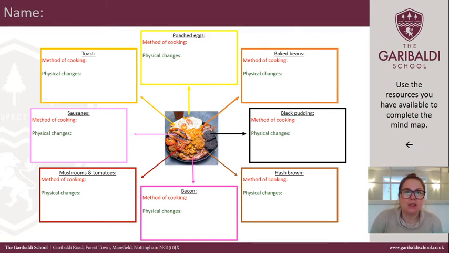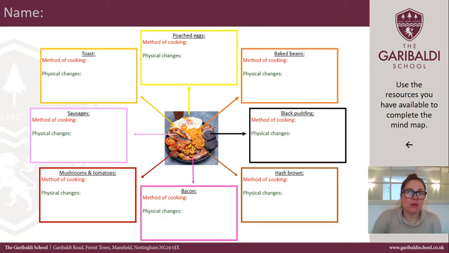So your main task for today is you're going to use the resources available to you. There is some in the section on Teams, your assignment section, where you can use some of that information. You can use information from previous lessons, and by all means you can use Google as well.